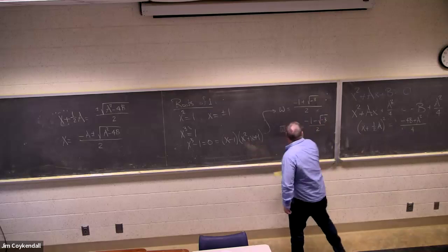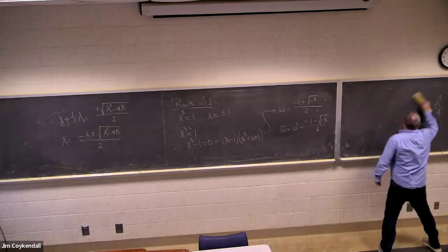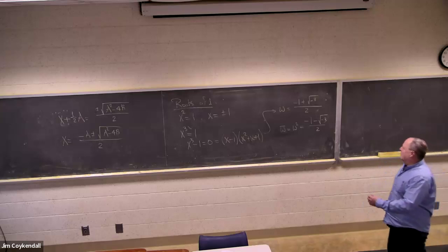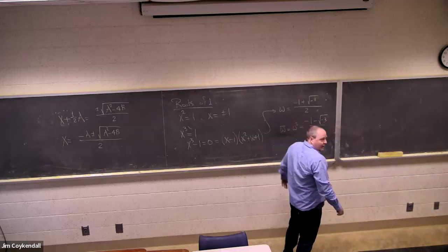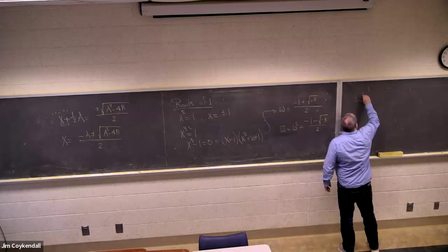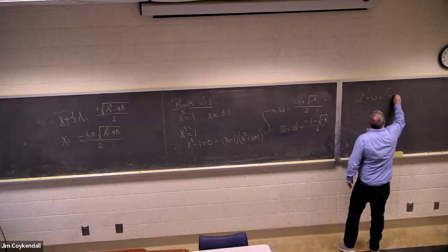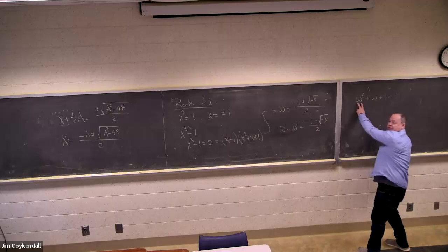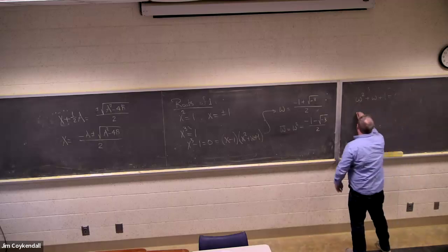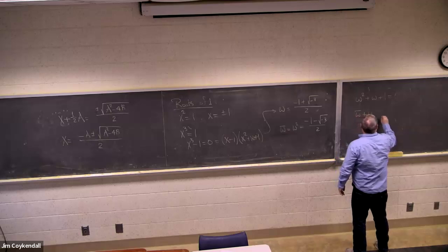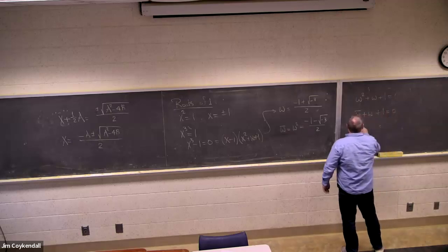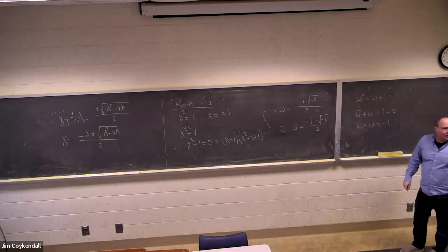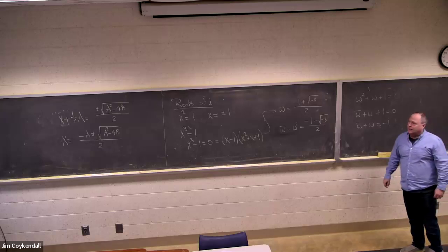And notice this equation here tells you quite a bit, because omega and its complex conjugate are the 2 roots of this thing right here, right? So in particular, this is synonymous with complex conjugate in this case. So when I take that root of unity and add it to its conjugate, I get -1, right?